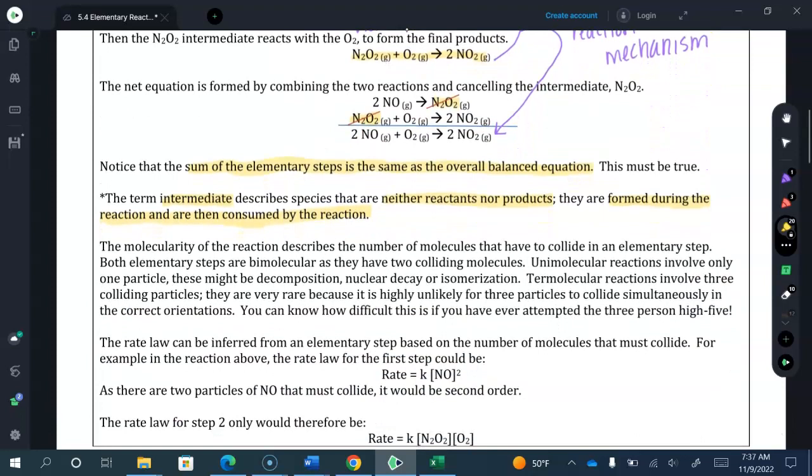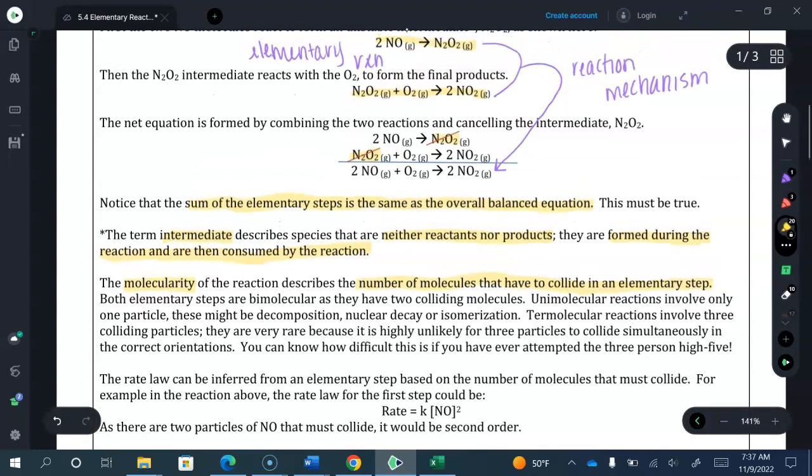The molecularity of a reaction, say that 5 times fast, describes the number of molecules that have to collide in an elementary step. So both elementary steps above in this reaction mechanism that we were describing are bimolecular, right?